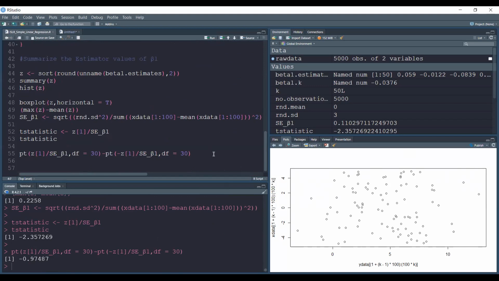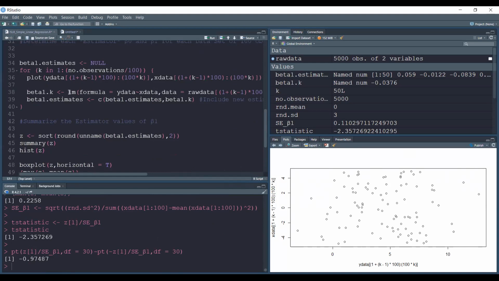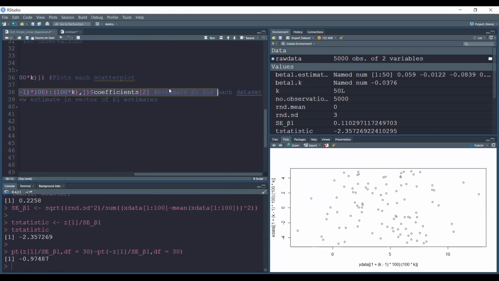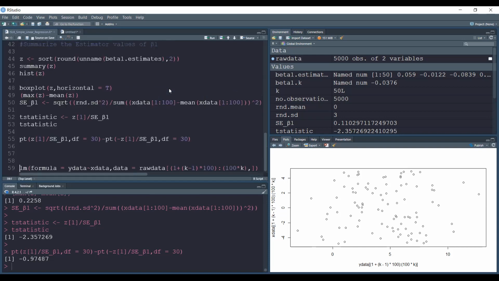If we take lm, which is fitting the linear model, and we do it, for example, for the 50th data set, where k is just the kth data set, and we call it, for example, 50th data set.